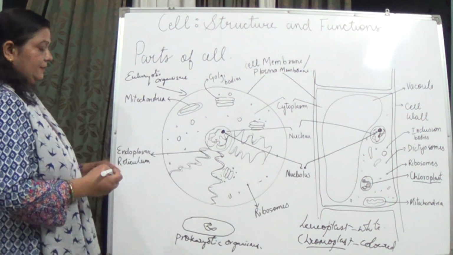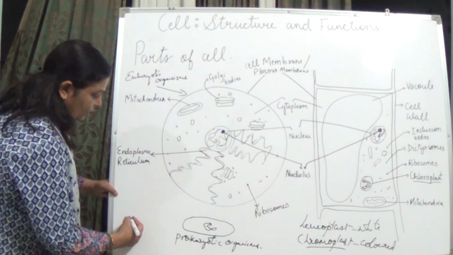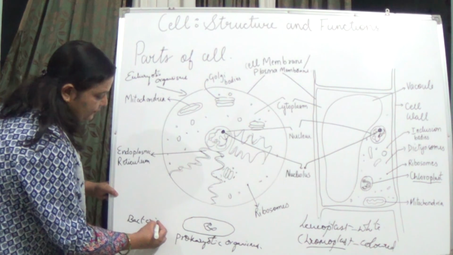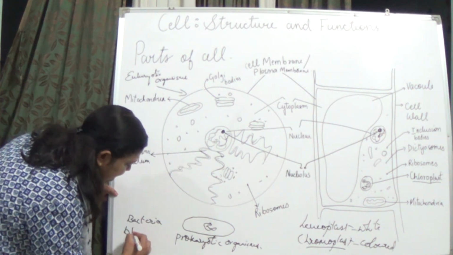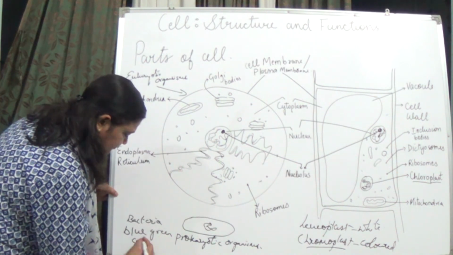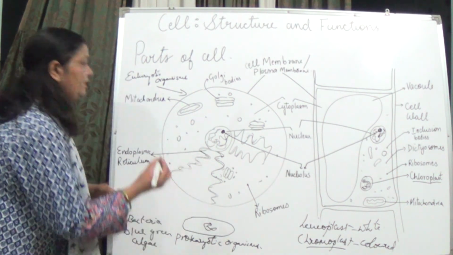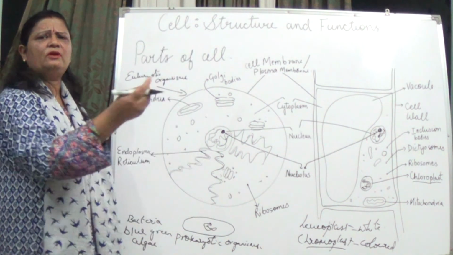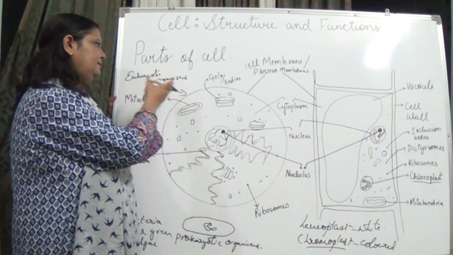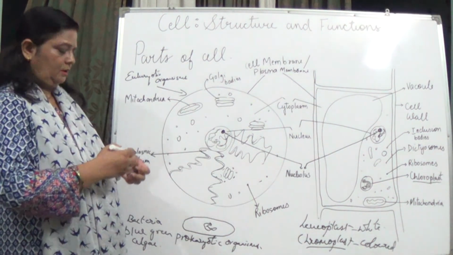Examples of prokaryotes are bacteria and blue-green algae. And eukaryotic are all the living organisms, all the plants and animals, anyone we can say is a eukaryotic organism.